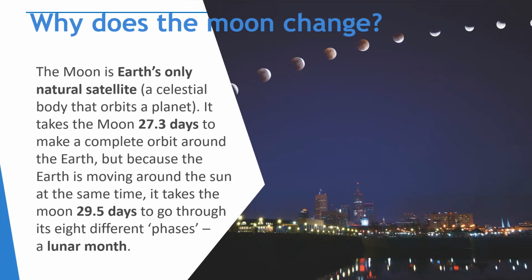This is known as a lunar month. In 29.5 days, the moon goes through its 8 phases, and we're going to talk about each one. These are examples of some of the phases up here.